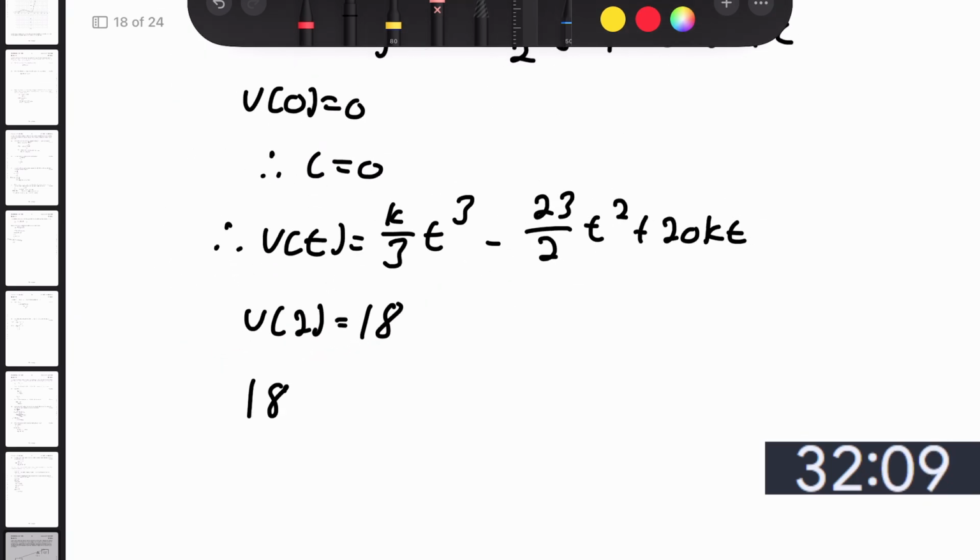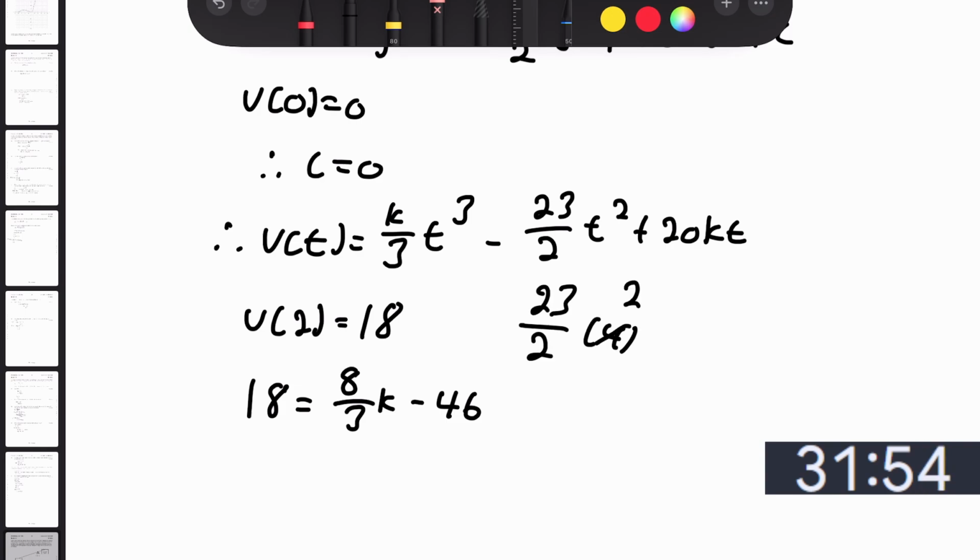So then 18 is equal to 8 on 3 k minus, that's going to be 4, so I'm going to have 2 of that, so it's going to be 46, equals 23 on 2 times 4. I cancel that out. That becomes 1. It becomes 23 times 2, which is 46, plus 40k.